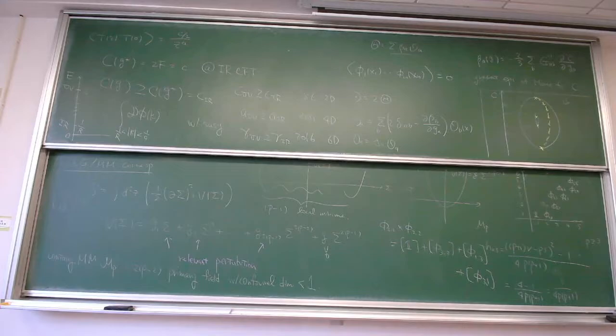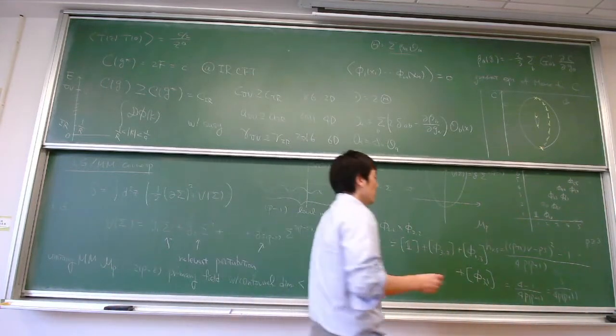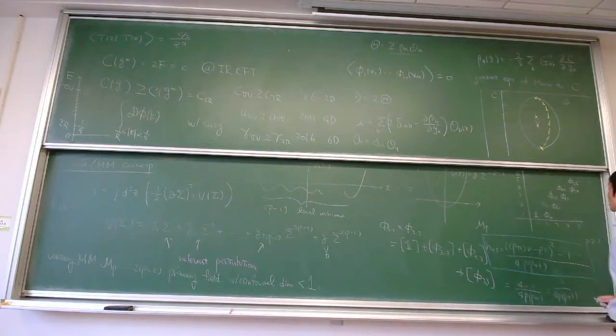So this is p equal to 6, p equal to 6, and you can easily see that if you use this relation of the conformal dimension, you can just check that only this one has conformal dimension less than 1.